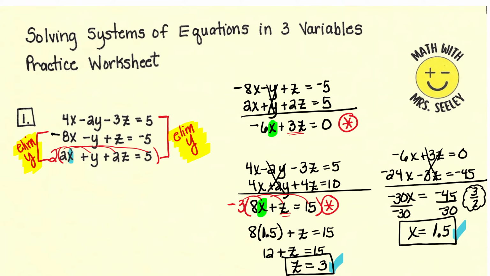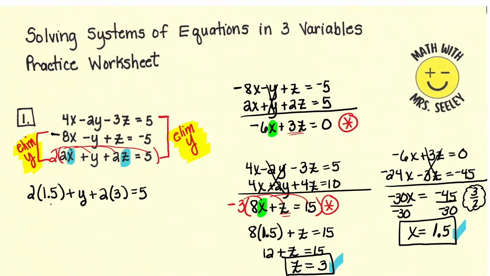I believe I'll go to the bottom and I'll put in the x and the z, but again, you could put it in here and here, or here and here. It's your choice. So if I put that back into this bottom equation, I'll have 2 times 1.5 plus y, which is what I'm looking for, plus 2, but where the z is, I'll put 3, is equal to 5.